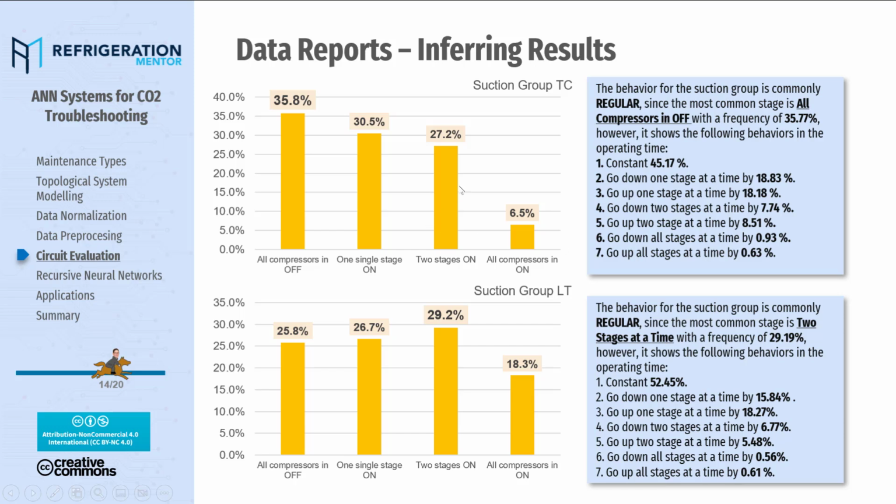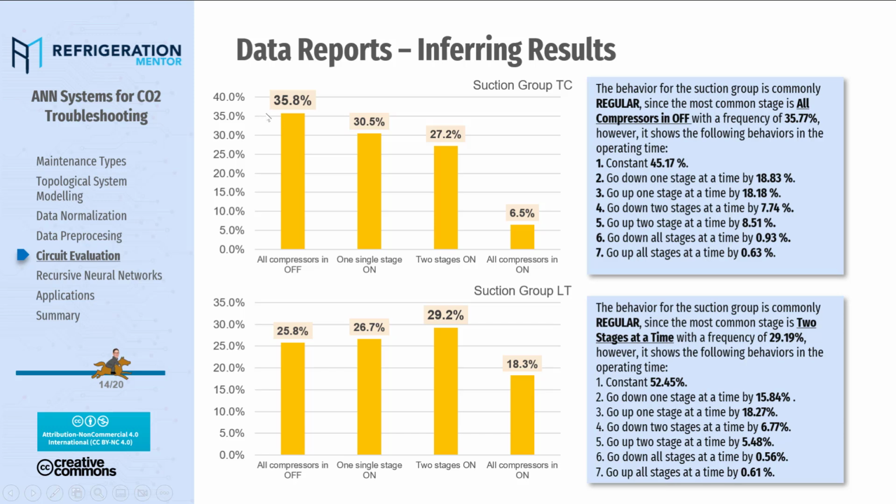This kind of analysis helps us to analyze the level of regulation in our system. For example, a question that can be asked is, are we using our system in a correct way? For example, the system is used to maintain a temperature, such as in a supermarket application, or it is used to reduce temperature levels, for example, in a slaughterhouse or a meat processing plant.